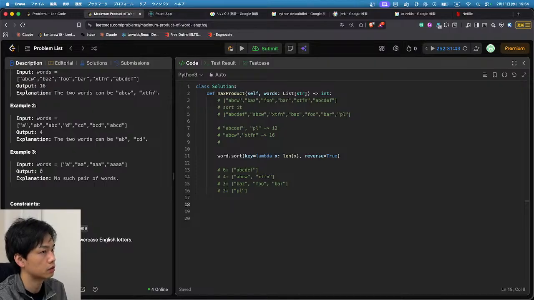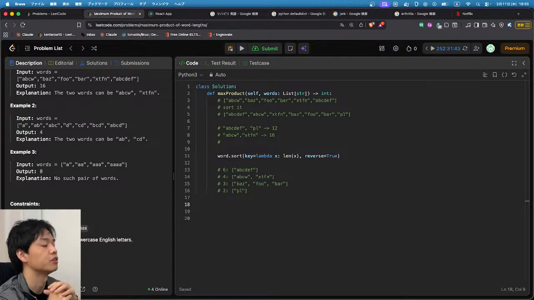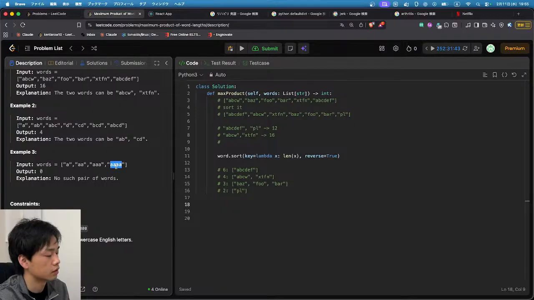26, because if the word has more than 26 characters, they maybe use only one kind of letter.